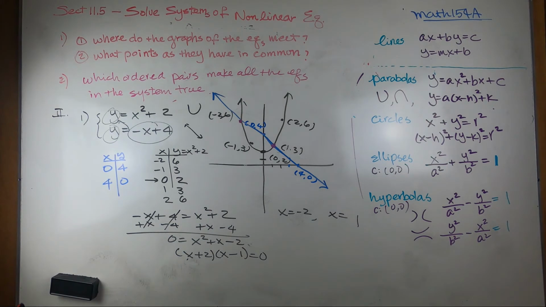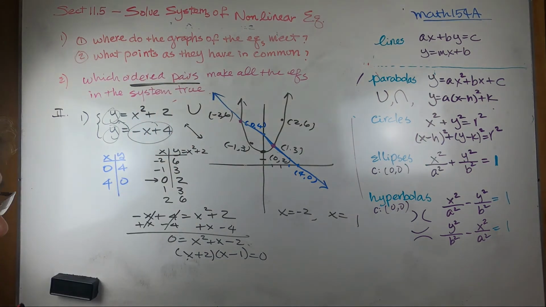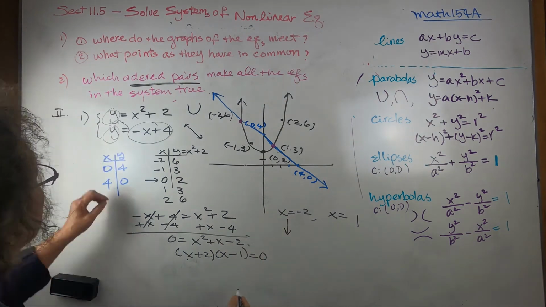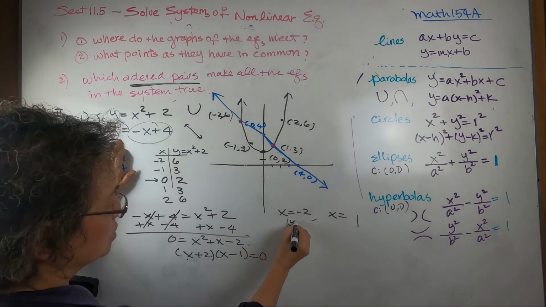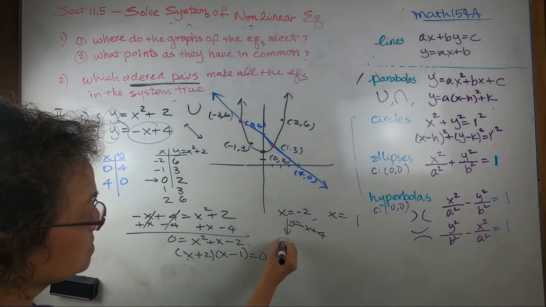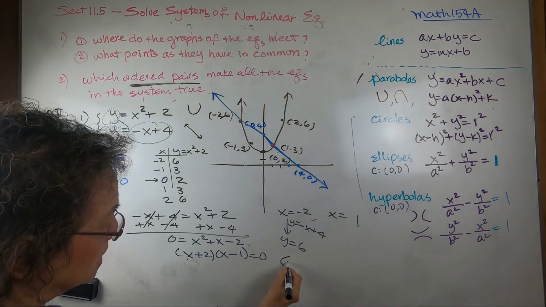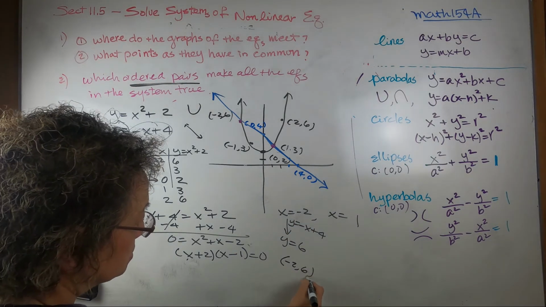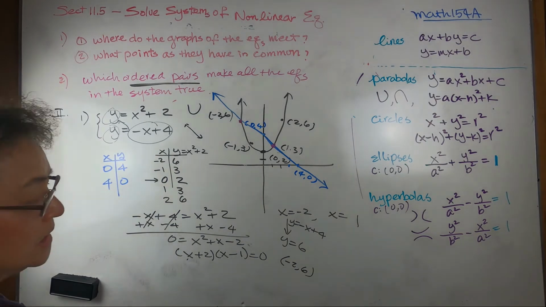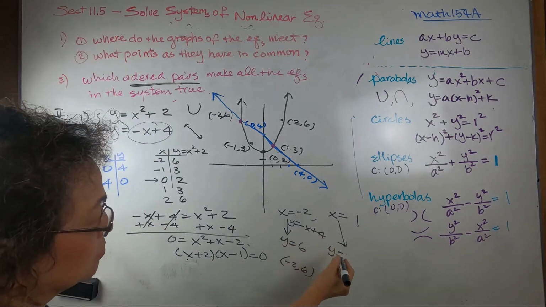Then what do we try to do? We try to find the ordered pairs, where they meet, right? So we can plug into y equals negative x plus 4. Negative 2, that's 2, so y is 6. So this one is paired up as negative 2, 6. If we plug in 1, y is negative 1 plus 4, which is 3.